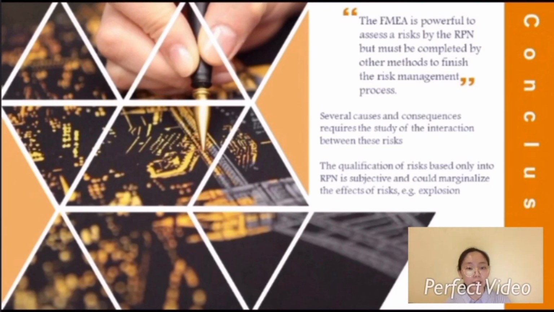Let me mention them. The first one is human error with the RPN of 336, and then industrial accident with the RPN 392, and then the electrocution, the falling of electric cable, failure in insulator, noise pollution, and magnetic field, which are still very dangerous.